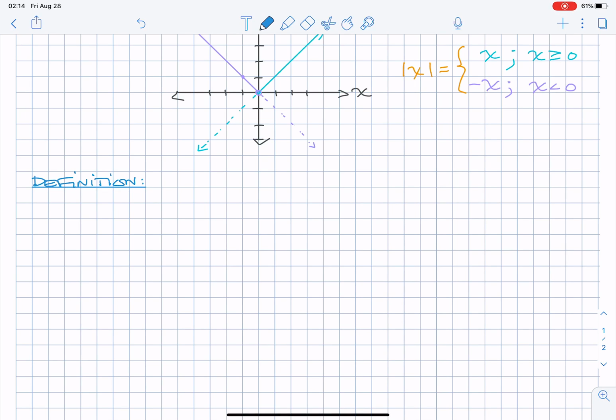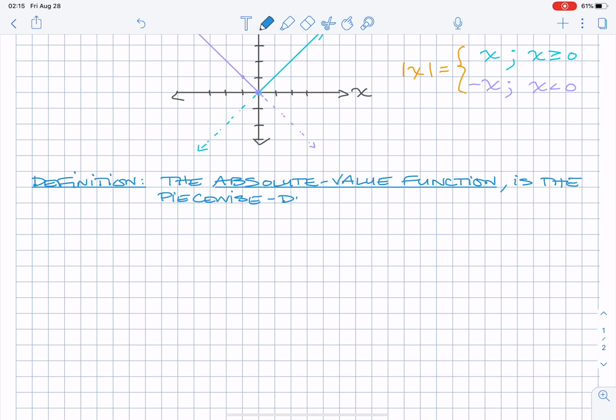The absolute value function, that's what we're defining, is the piecewise defined function. I before E except after C. Hopefully I spelled piecewise correctly. It's a piecewise defined function.